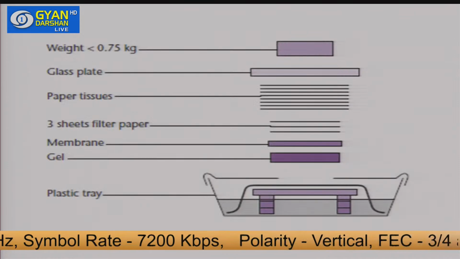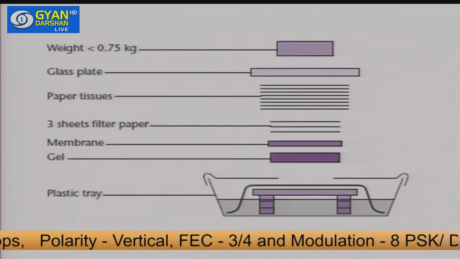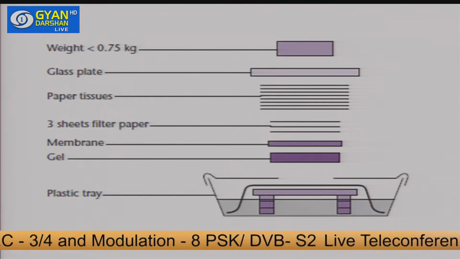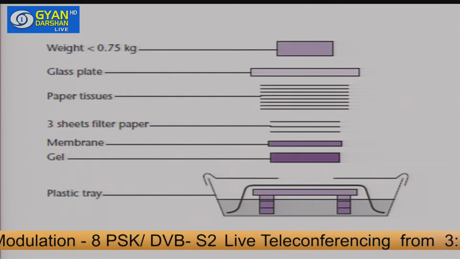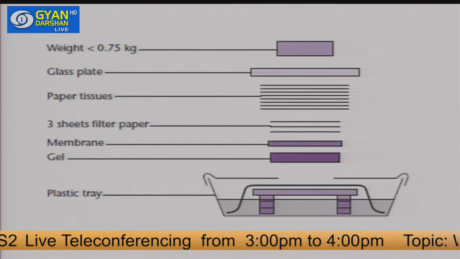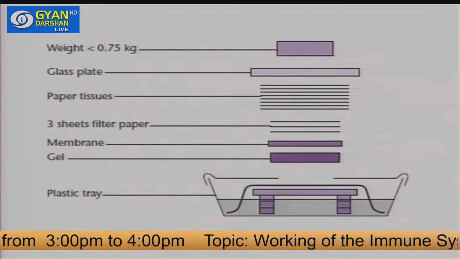So this picture will show you how you need to arrange all the materials when you are undergoing such a transfer process. At the extreme lower part, you have a tank or reservoir where you have the buffer, that is the transfer buffer which I am talking about.